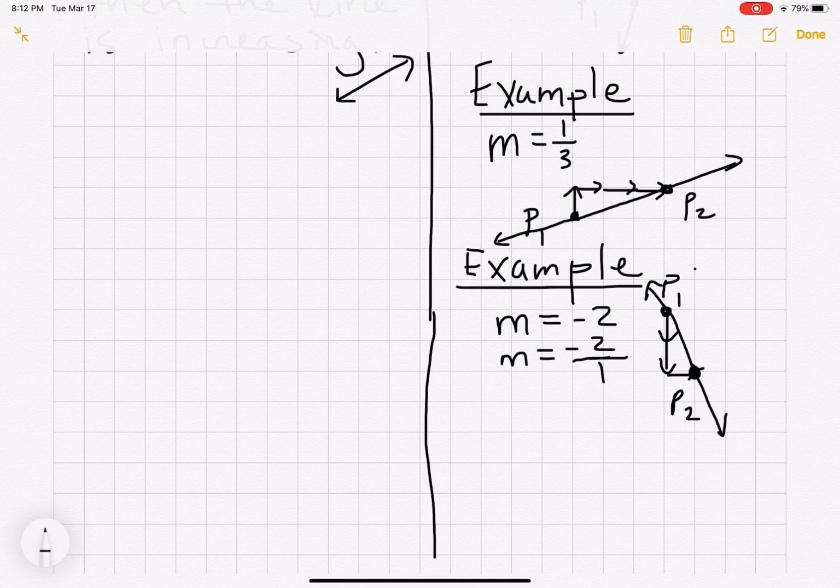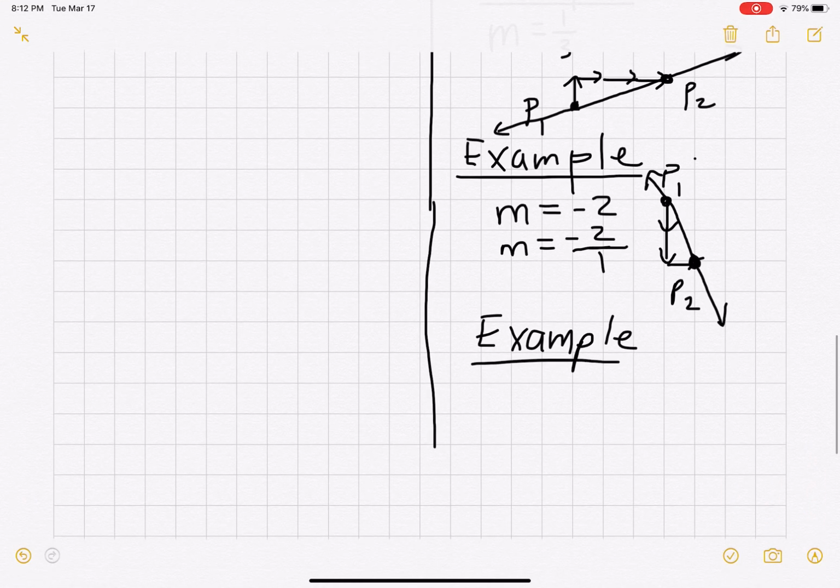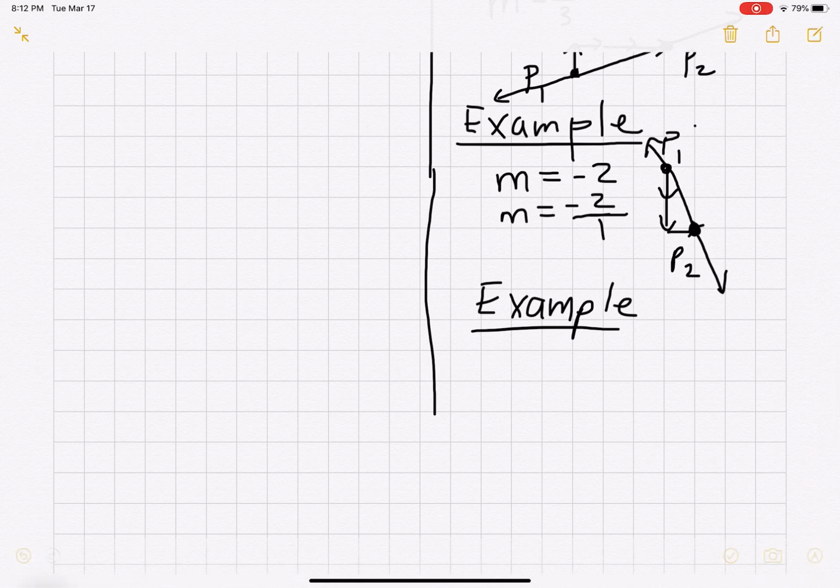All right, let's do another example. So this time we're going to do m is -1/2. A slope of -1/2. That's -1 on top, 2 on bottom.